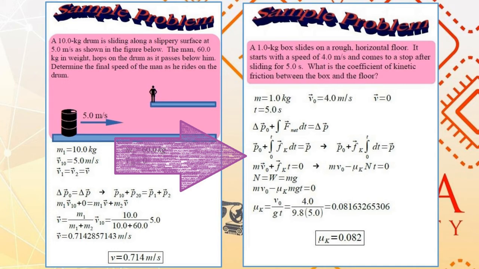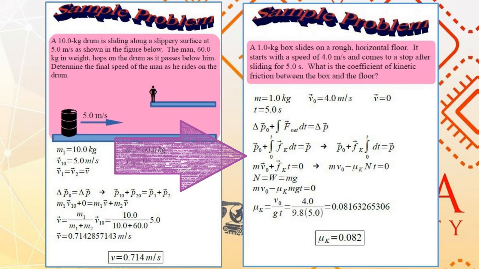Friction, we know the magnitude to be mu k n, where n is the normal force magnitude. So our equation becomes m v initial minus mu k n times time is equal to 0. Now, for an object simply on a horizontal surface, the normal force magnitude is just equal to the weight magnitude.